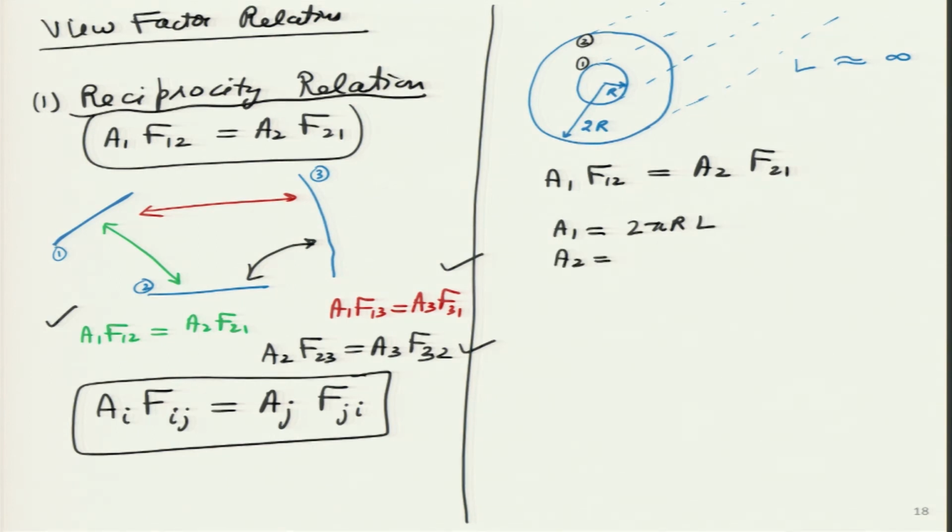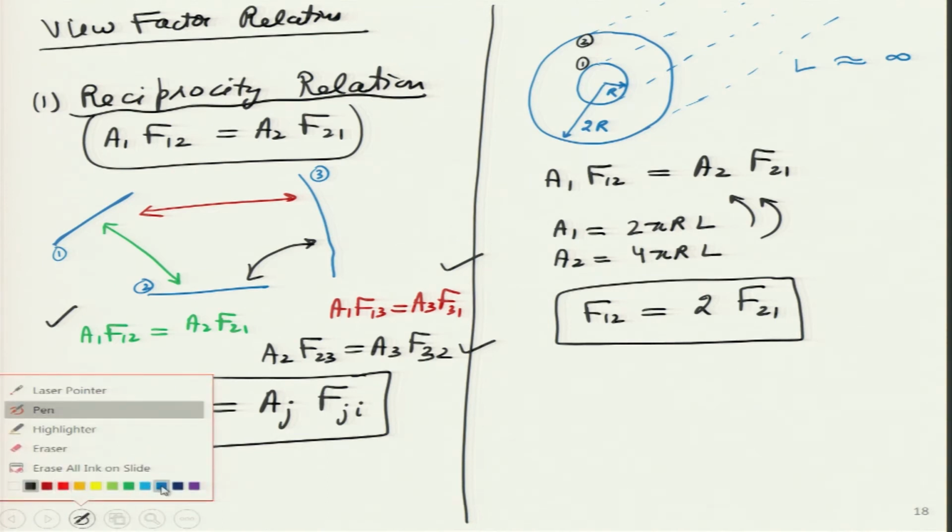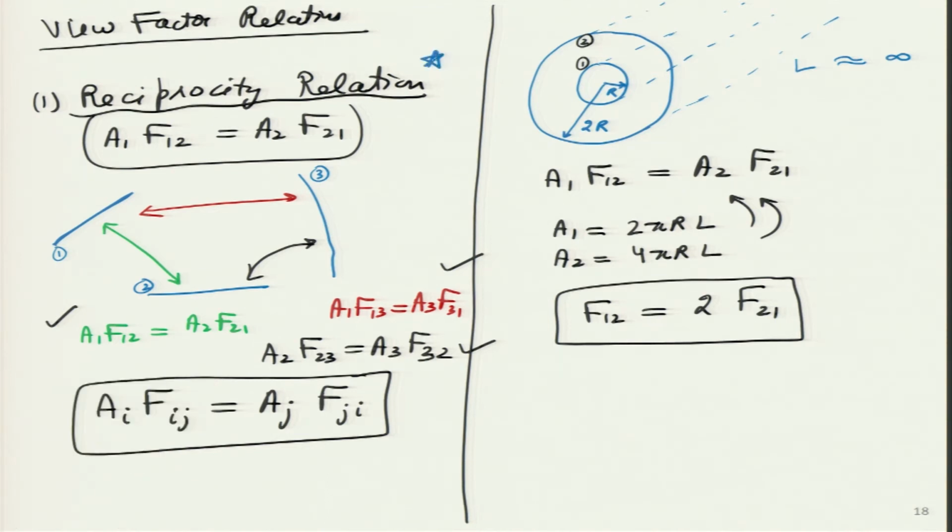A2 will again be 2 pi r, instead of R it will be 2R, so I can write 4 pi R L. If I substitute both these things over here, I will simply get F12 is twice F21, which means using the reciprocity relation, we can simplify a lot of view factors and figure out their values as well.